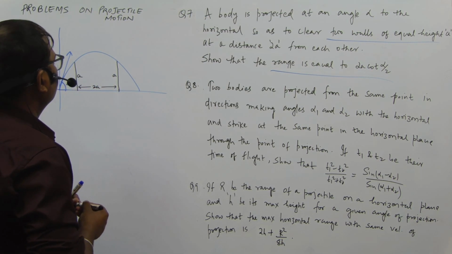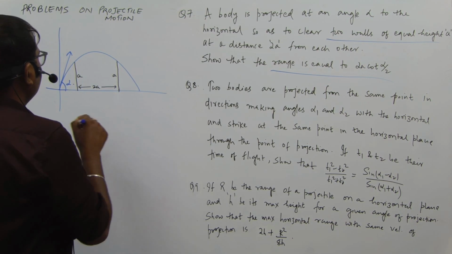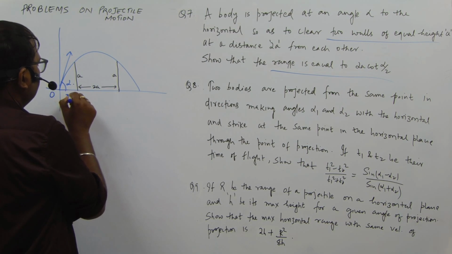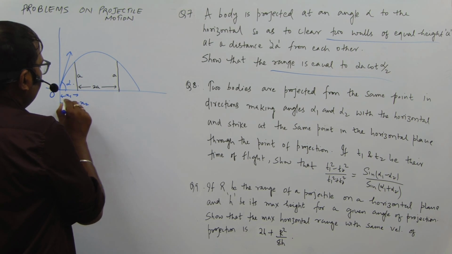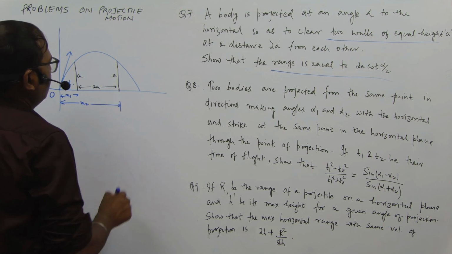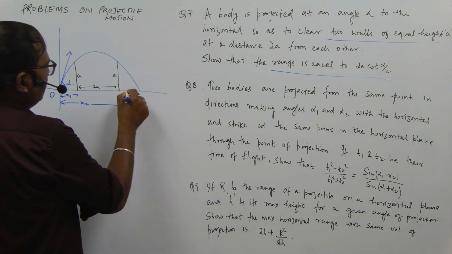Now let us consider the distance of the first wall from the origin as x1 and the distance of wall 2 from the origin as x2. By symmetry this distance will also be x1.